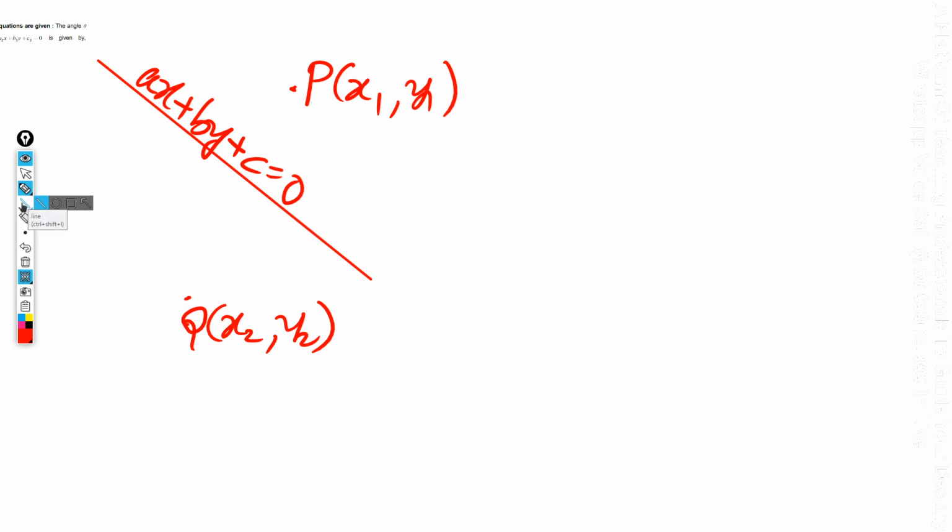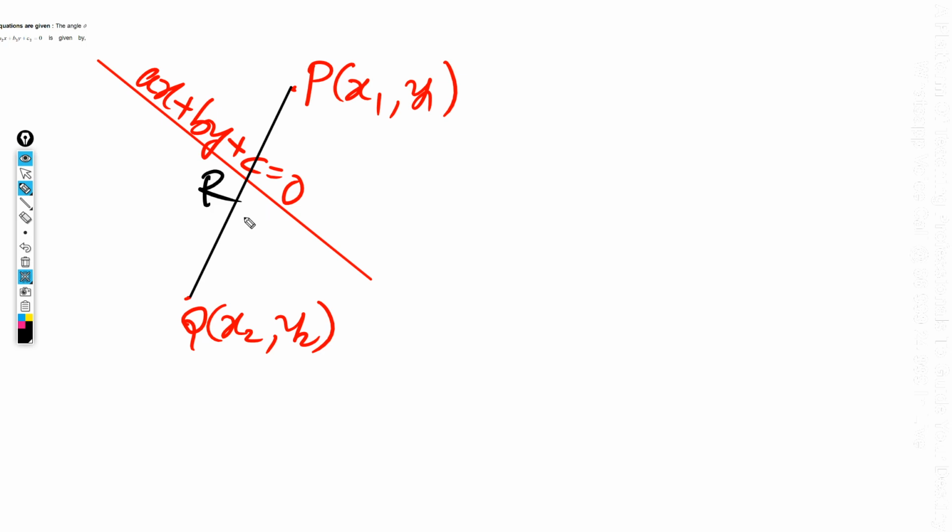Now, the line segment PQ is intersected by this line at some point R, let me say. The question is, in what ratio does this line divide the line segment?